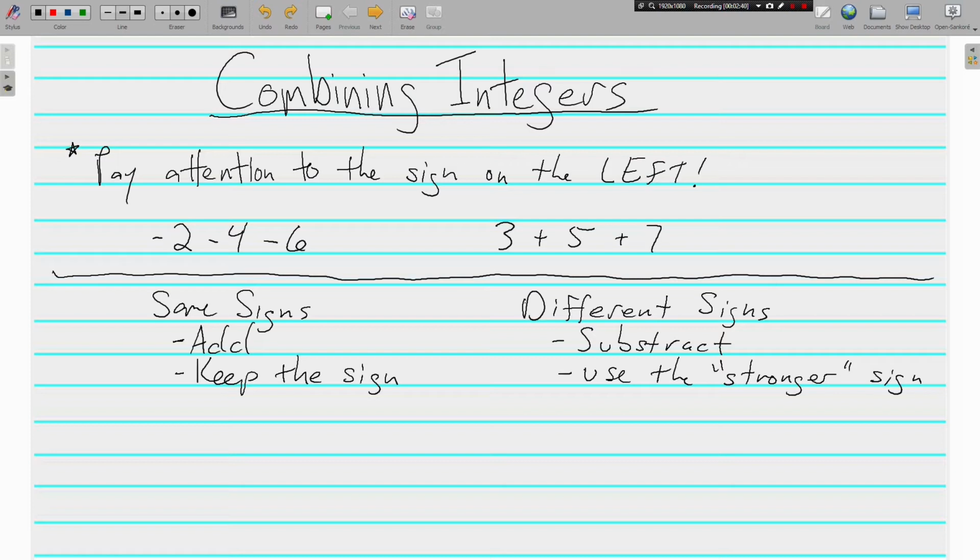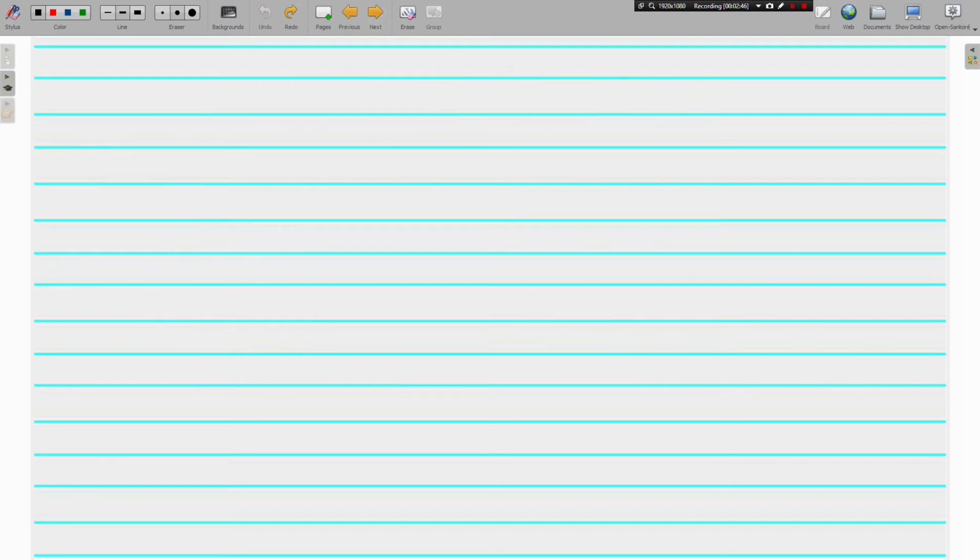All right. Let's go to the next page here. Look at some examples. All right, for years, you've been adding and subtracting positive numbers. We're not making any changes to that. If we have a +3 and a +5, we have +8.